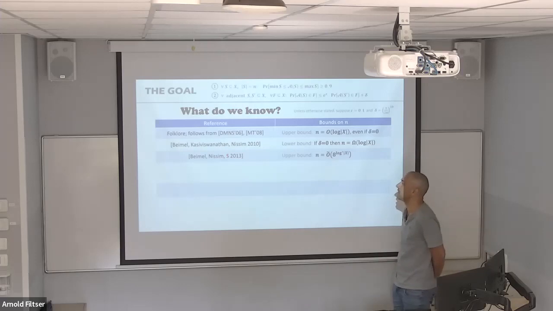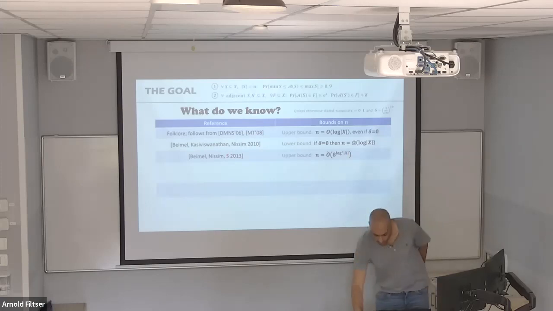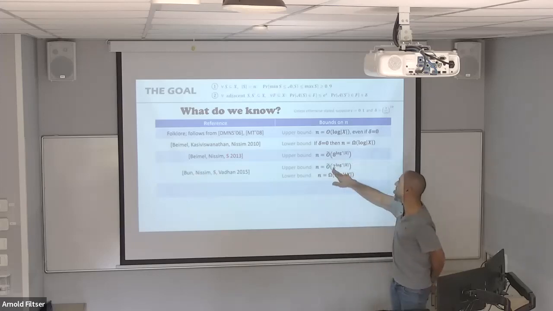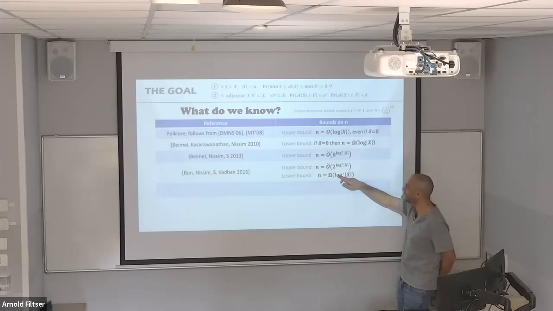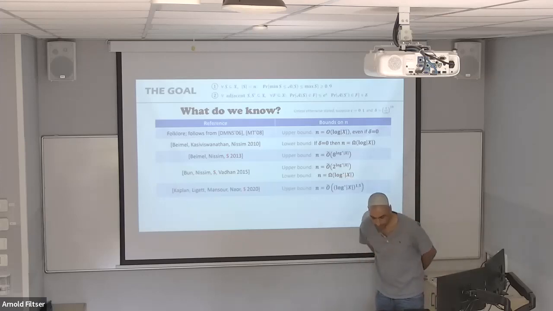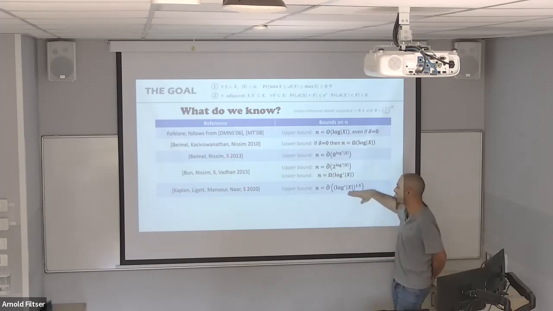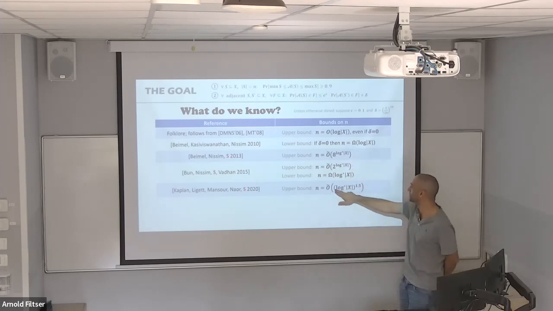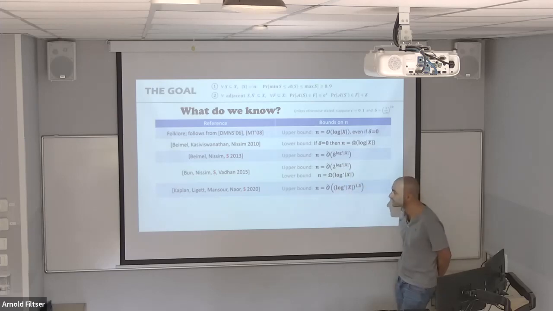In 2013, with my two PhD advisors, Amos Beimel and Kobbi, we gave an improved upper bound that looks like 8 to the power of log star of X. Then we improved it to 2 to the log star, and we also gave a lower bound of log star the size of the grid for solving the interior point problem. 2 or 3 years ago, we improved it furthermore, so we got it to log star X to the 1.5, so no longer exponential in log star X.